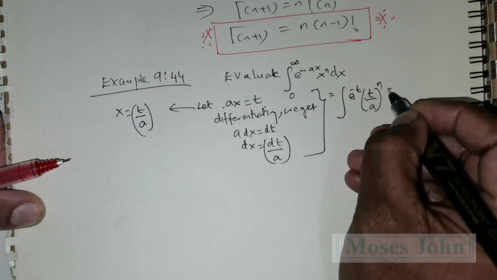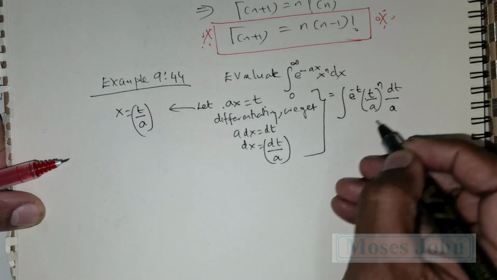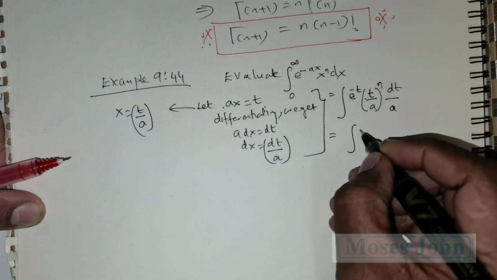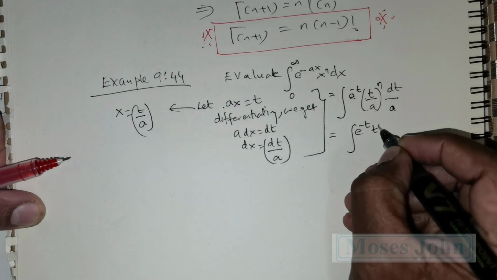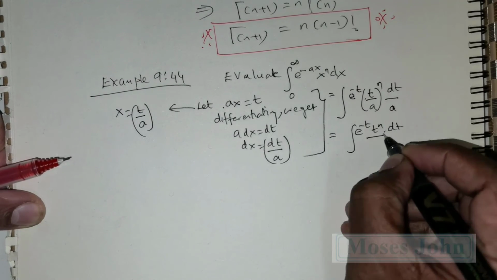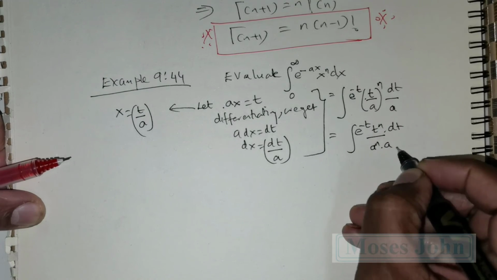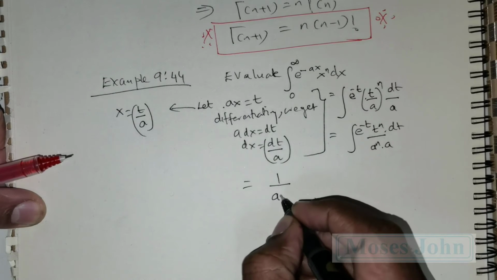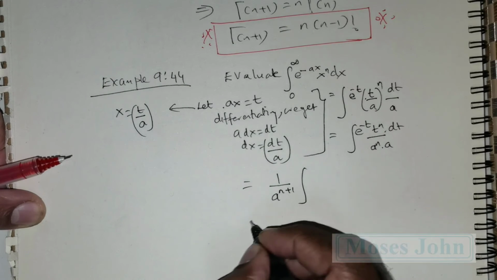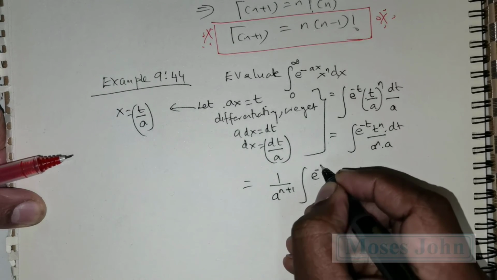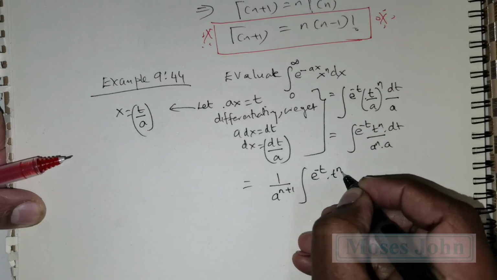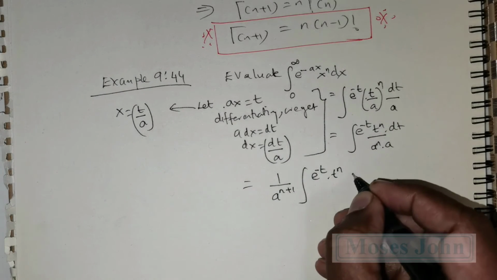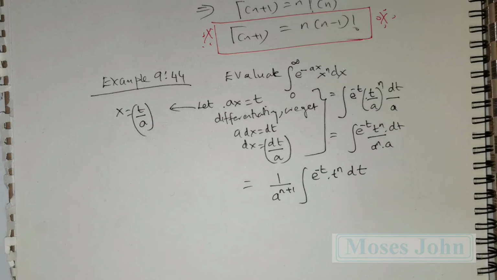In place of dx is going to be dt divided by a. I can rewrite this as e power negative t times t power n times dt divided by a power n times a, which can be taken out and rewritten as 1 over a raised to the power n plus 1 times e power negative t times t power n dt.